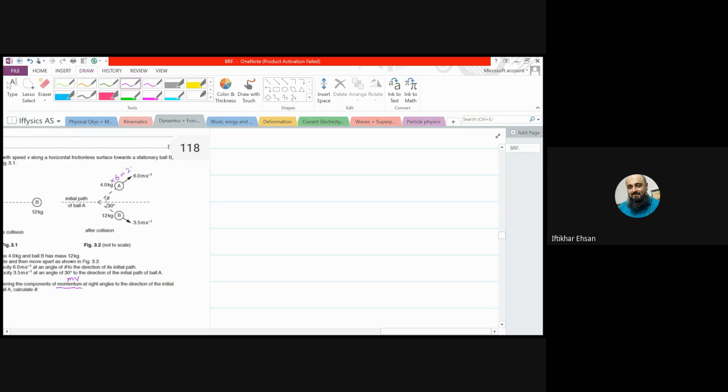So here the momentum is 24 Newton second, the unit being kg meter per second. And here the mass into velocity 3.5 is 42, sorry, Newton second. So these are the momentums, right? 66 Newton seconds of momentum. Okay.